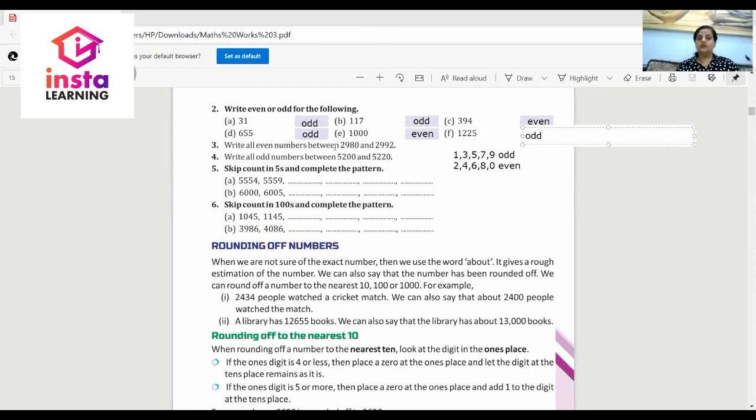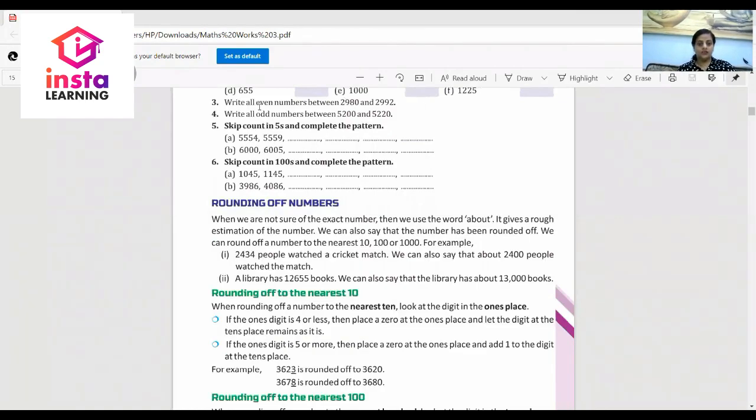Write all the numbers between 2980 and 2992. So let's start by writing. Here we have to write even numbers. So it is going to start like this, that 2982, comma, 2984.